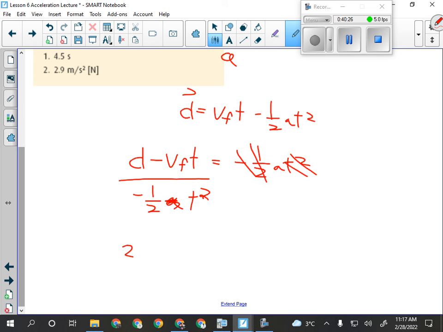Okay, so that's going to leave A on the other side. Now I can plug in my numbers. So 220 meters minus 44.4 times 6.2 seconds, divided by negative 1/2 times our time, which was 6.2 seconds squared.